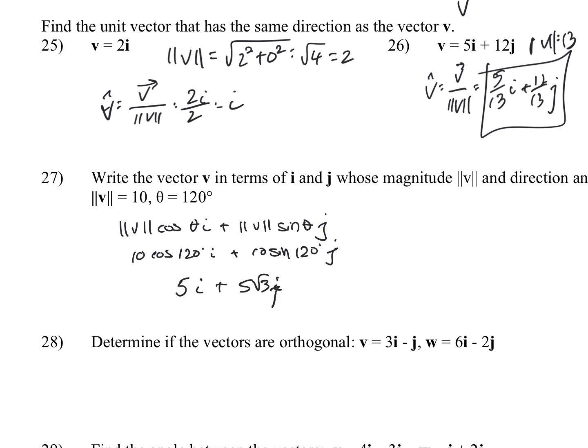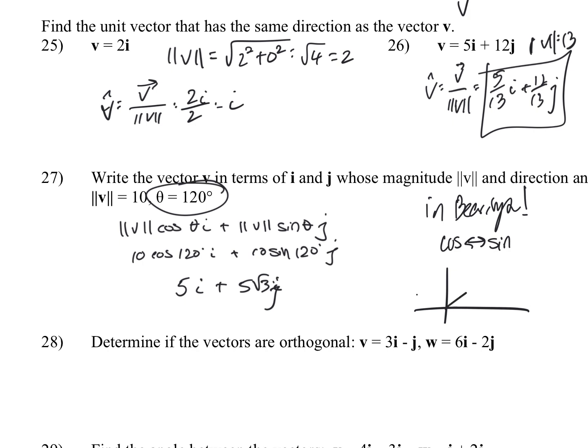One warning though, these were given in terms of an angle. If it's in bearings, and we've mentioned this before, that means that your cosine and your sine values flip-flop, because your standard angle comes from our standard axis, but our bearing angle comes from the y-axis.